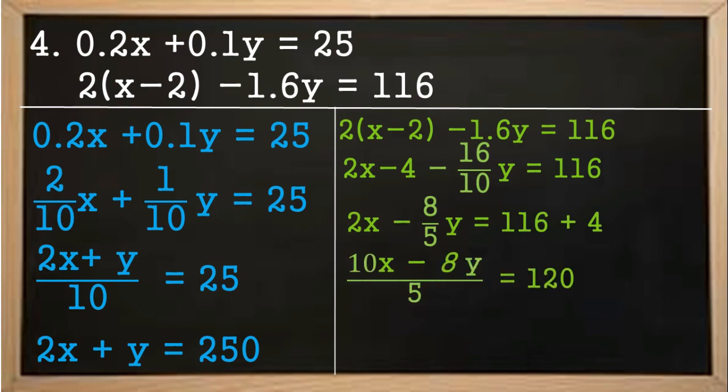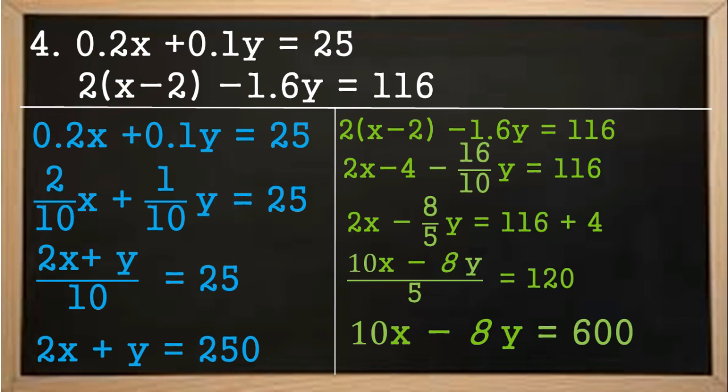Now try to simplify. Take the LCM as 5. 16 by 10 is written as 8 by 5 and with LCM 5, it will be (10x minus 8y) by 5 is equal to 120, and cross multiply. The final equation is 10x minus 8y is equal to 600.